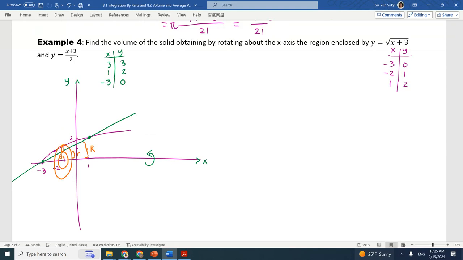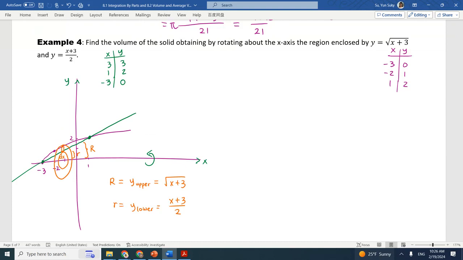Big R is the upper curve, y upper. Which curve is y upper? Yes, the square root of x plus 3. And the small r is y lower. Who is y lower? Yeah, the line, x plus 3 divided by 2.